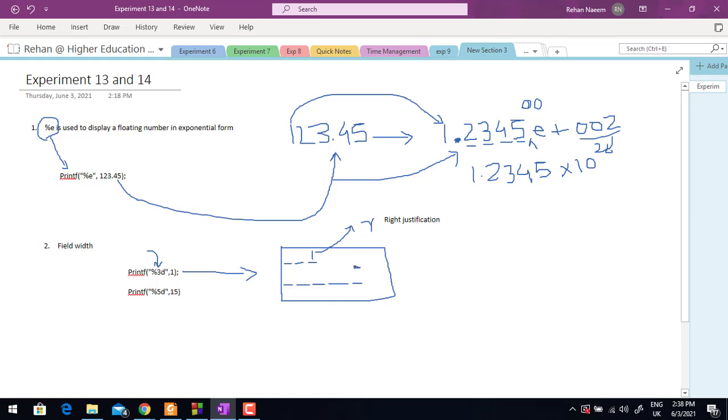So 5 will be placed over here in the last white space, whereas 1 will be placed in the second last white space. So 15 will be displayed in this manner. This is called right justification. Right justification means the number is printed starting from the right hand side of the allocated spaces.